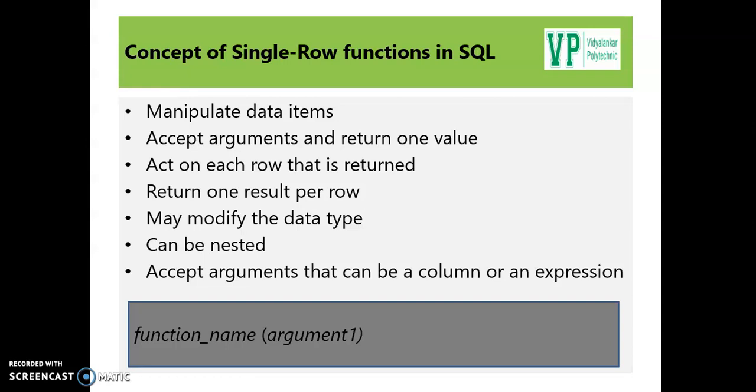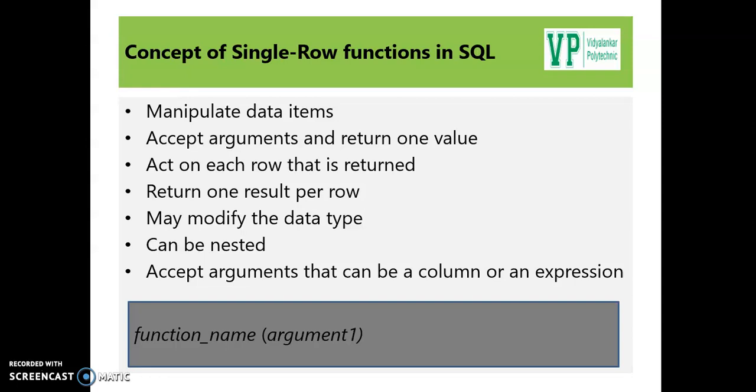Second feature: accept arguments and return one value. It is a single row function, so it accepts only one argument and returns only one output. Act on each row that is returned: if we apply this function on a table or a column of a table, it will work on every value of that column or every record and produce only one output.